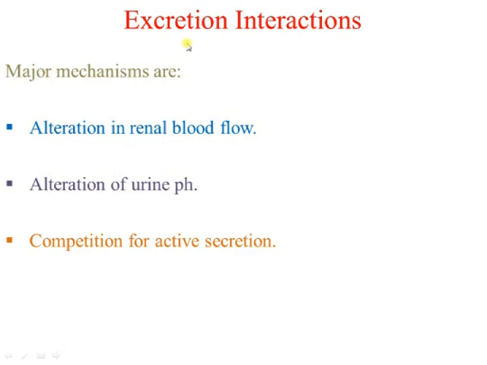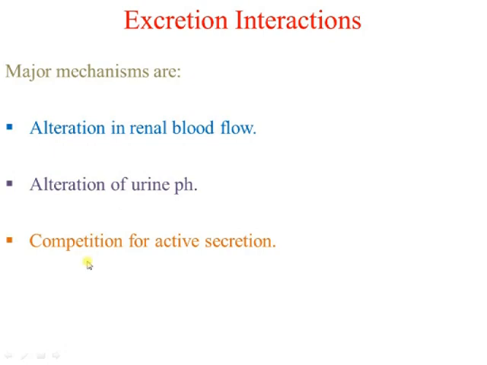Excretion mostly consists of blood flow to the kidneys, and alteration in blood flow can cause a lot of problems with excretion of the drugs, and interactions can occur at this level. Alteration of urine pH deals with ionization of drugs and reabsorption of the drugs, so that will again have an interaction. So two drugs which interact at urine pH can behave in a different way.